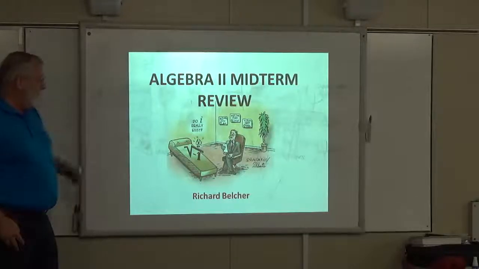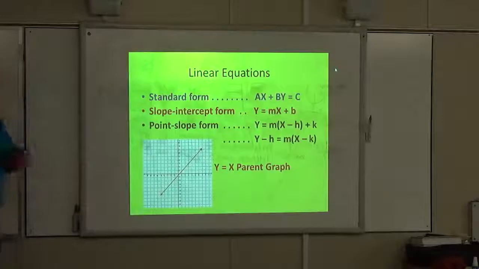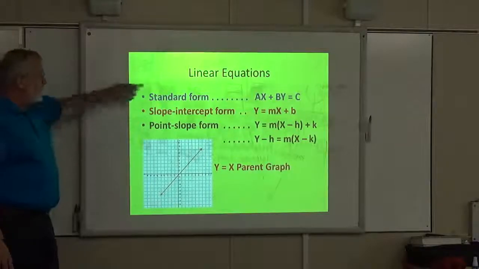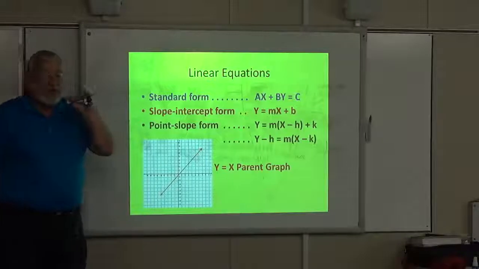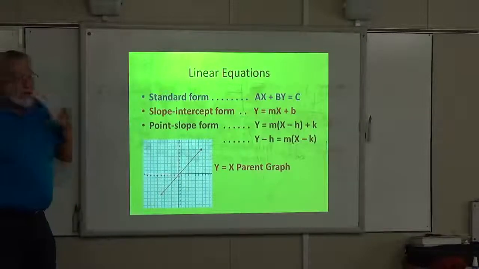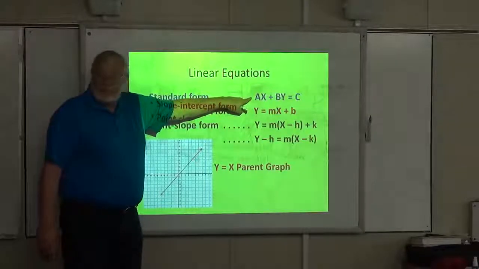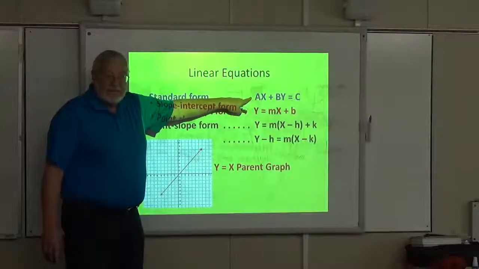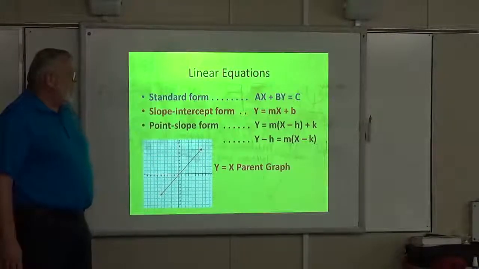Okay, so we're going to go through here. There's three forms. Three forms of quadratic, or no, this is linear equation, I'm sorry. Linear equation, because our chapters, chapter 1 and 2, start out with linear equation. Standard form of a linear equation, slope-intercept form and point-slope form.